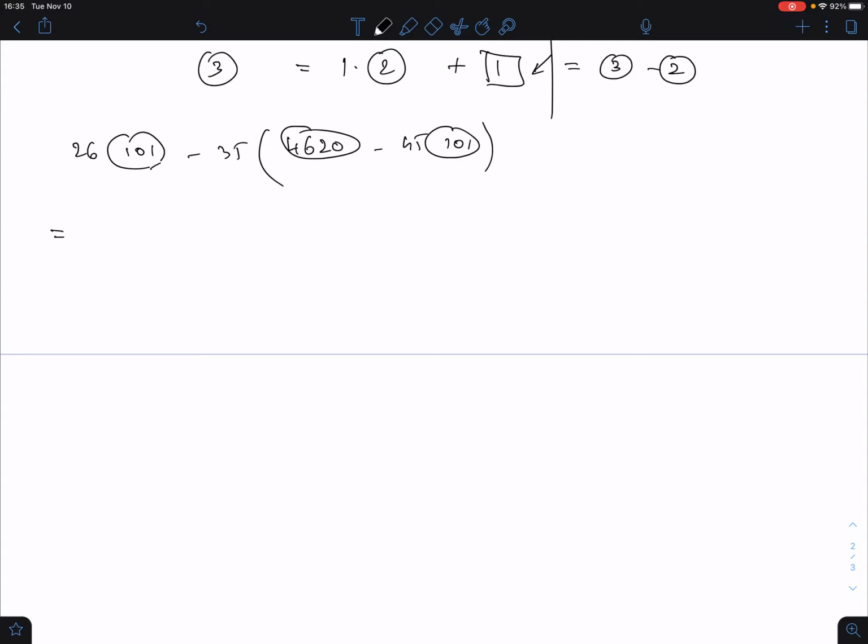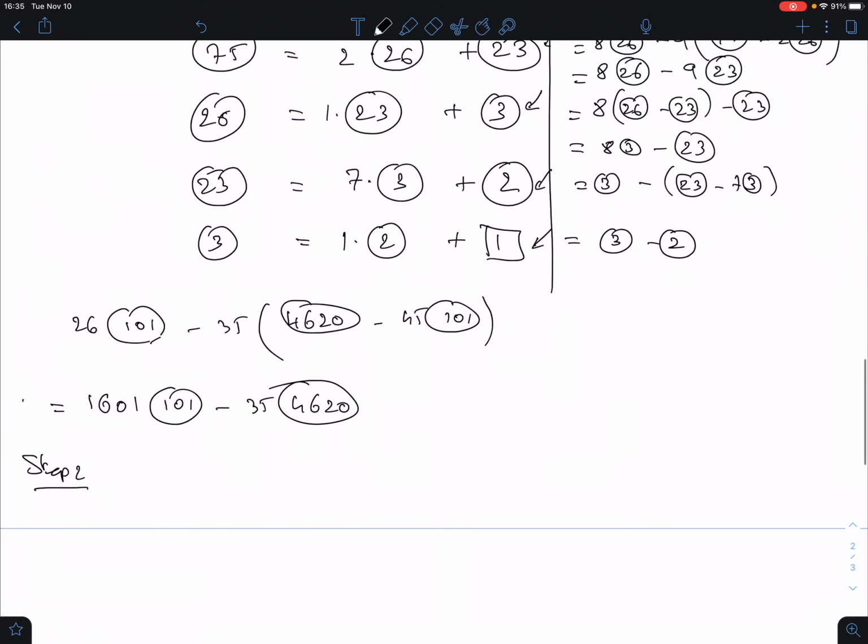So we get 35 times 45, well, minus minus, so this plus, that's 1575, plus another 26. So if I combine the coefficients of 101, then it's 1601, 101, minus 35 times 4620.